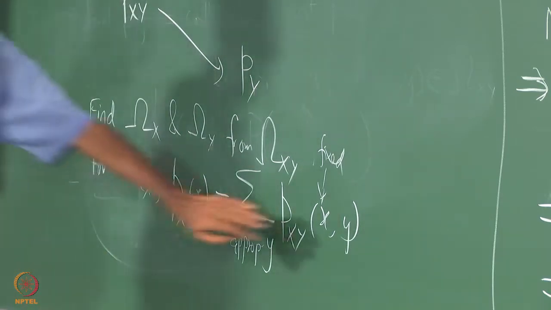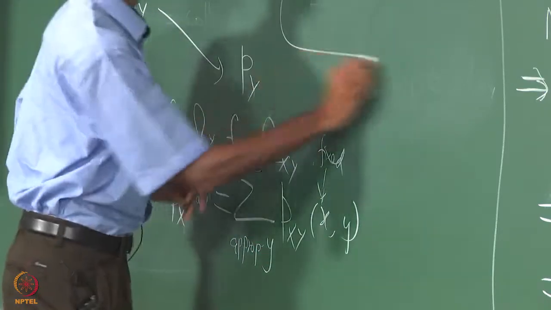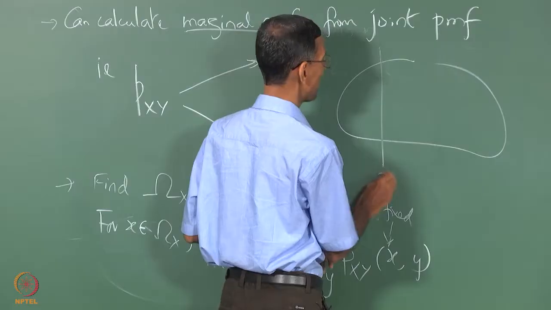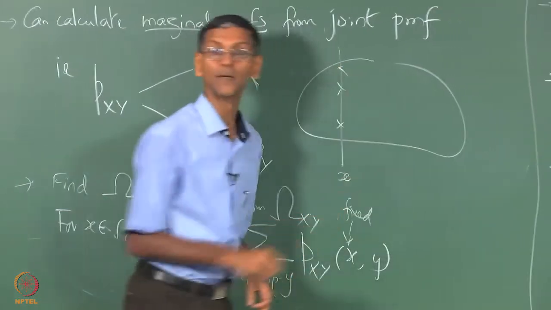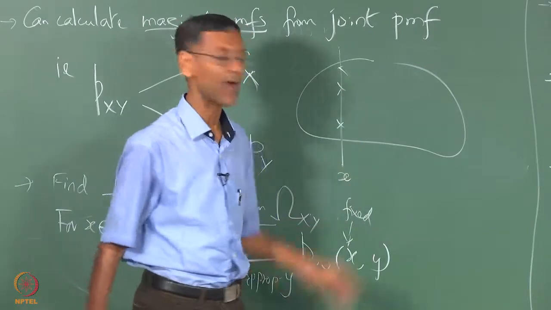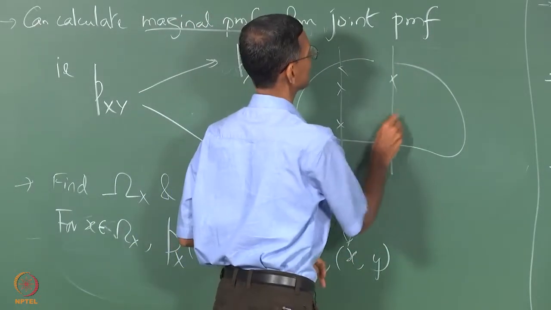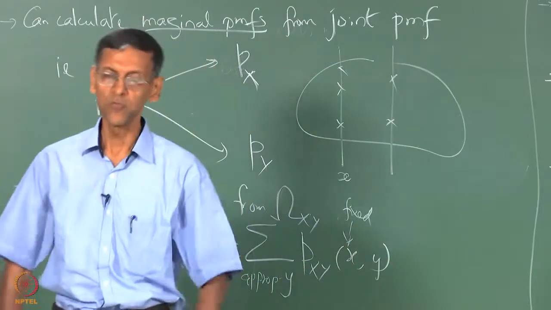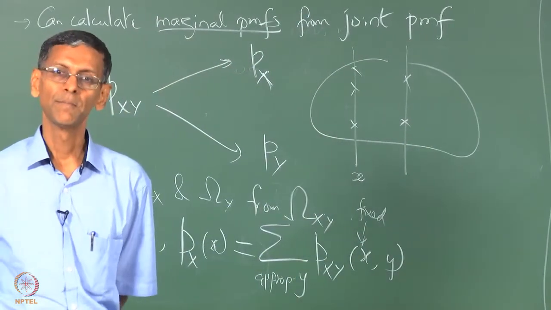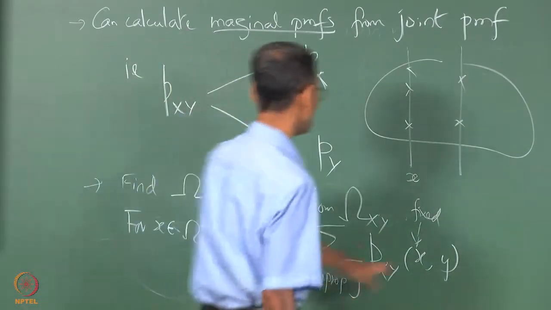You freeze this x, then look at all those points. If I freeze some value of x, I may have some 3 points here. So this could be xy1, xy2, xy3. I have to add all those probabilities and get this. If I go to a different value of x, I can get some whatever number of points. If it turns out there is no grid at all, then there may be only a 1-to-1 mapping between this and this.